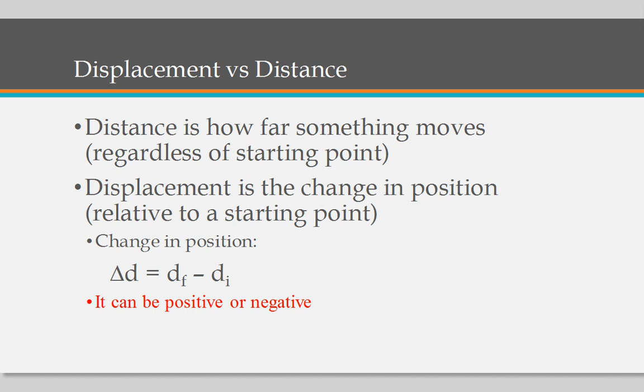Okay, so if I start at home, drive to work, and then do my job all day and then drive back home, I've traveled a lot of distance, haven't I? I had to drive all the way to work and then I had to drive all the way back. That's a lot of distance that I've covered. However, what's my displacement? 0. Good, because I ended up exactly where I started.